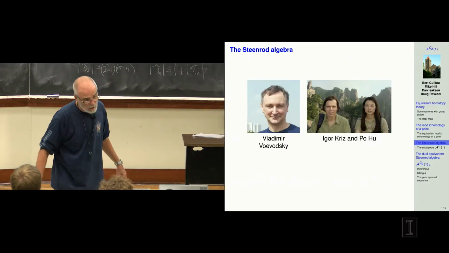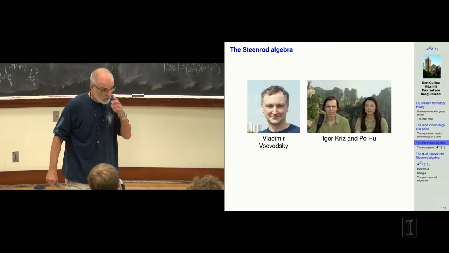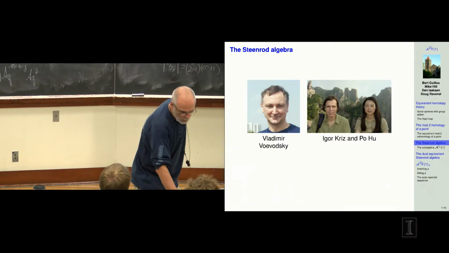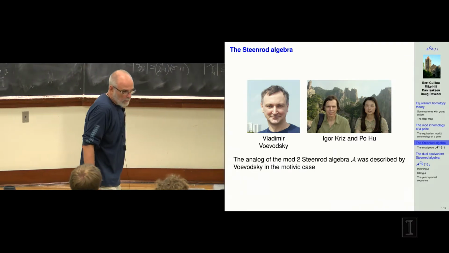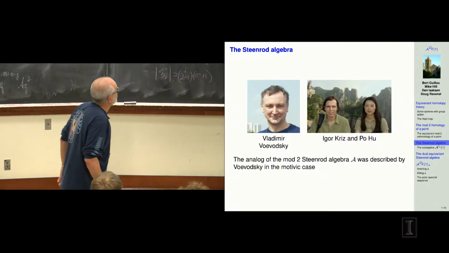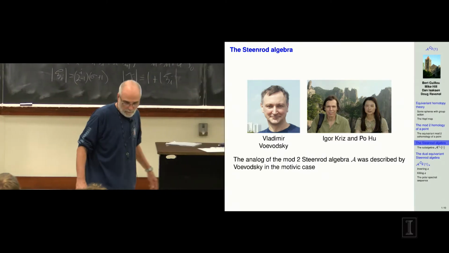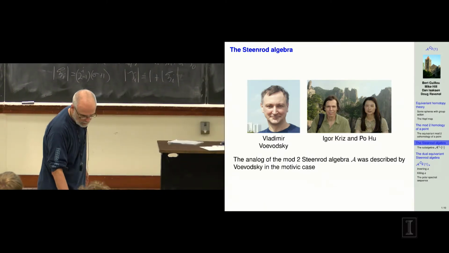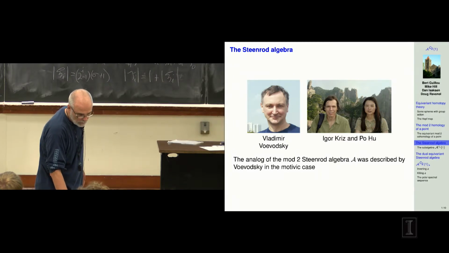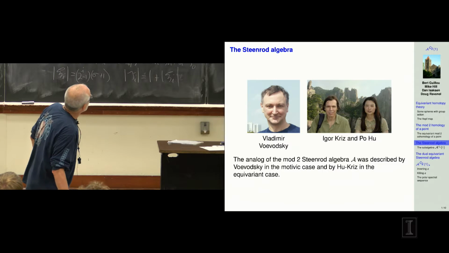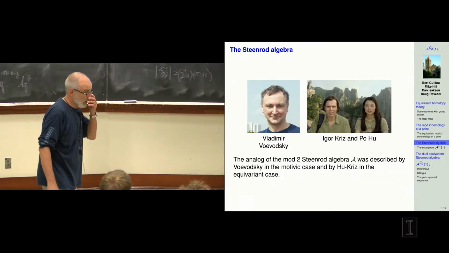Okay, now I'm going to talk about the Steenrod algebra in this world. The motivic mod 2 Steenrod algebra was first described by Voevodsky around 2000, and about the same time, Hu and Kriz described the C2-equivariant case.